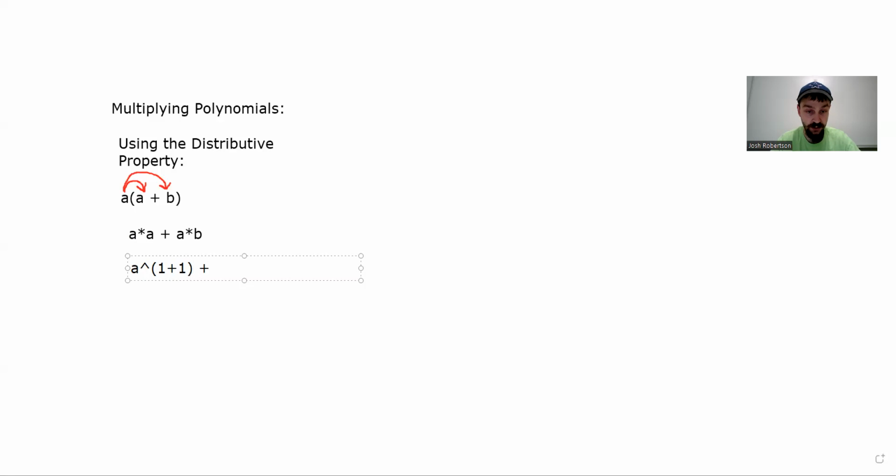And that's just plus A times B. But A to the 1 plus 1 power, because you're adding exponents when you multiply them, you get A squared plus AB, right? And if you're really confused by this little caret mark here, I'm going to point this out to you guys. This is also A squared in standard exponential notation, right?